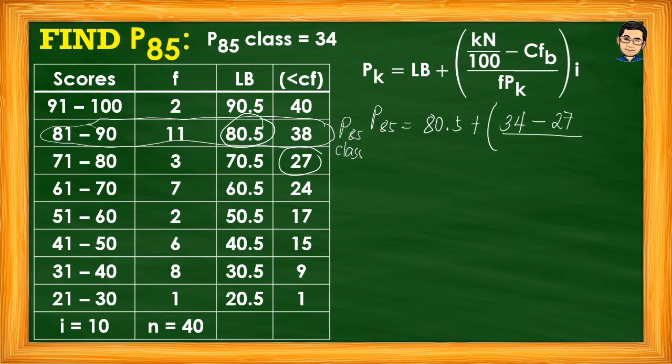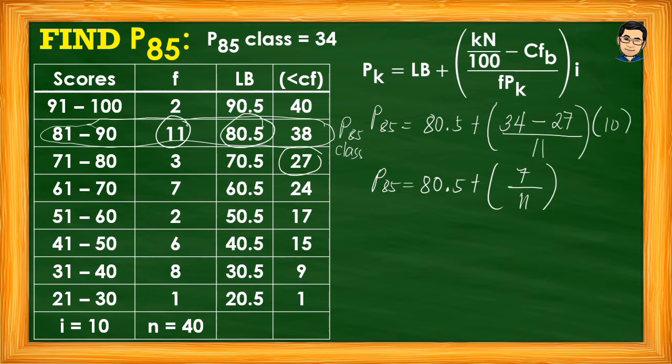Over yung frequency ng P sub 85 class, that is 11. And then, multiply natin sa interval which is 10. Next, 80.5 plus the quantity of 34 minus 27 all over 11. So, 34 minus 27, we have 7 over 11 times 10.